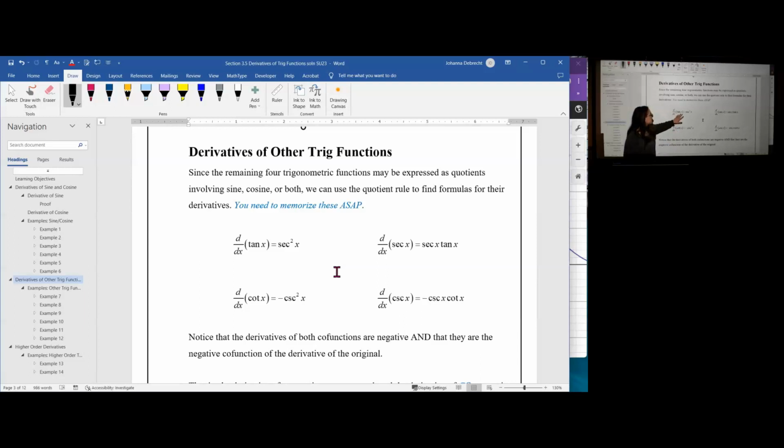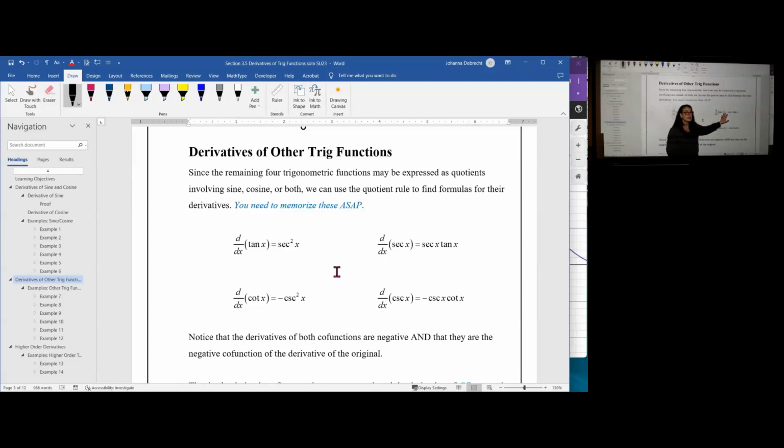The derivative of tangent is secant squared. There's a pattern for the cofunction cotangent. It starts with co, so it must be negative. Since the derivative of tangent is secant squared, the derivative of cotangent is negative cosecant squared.